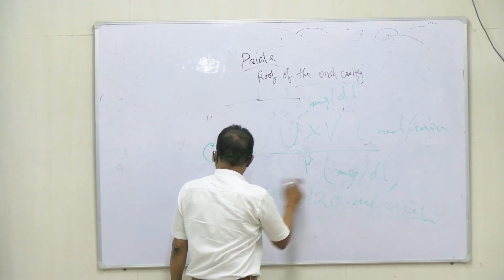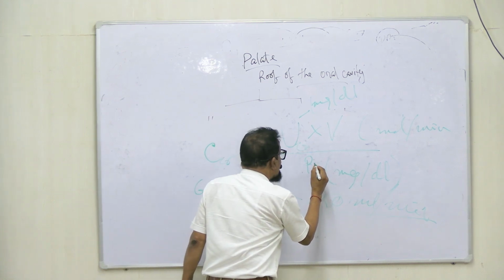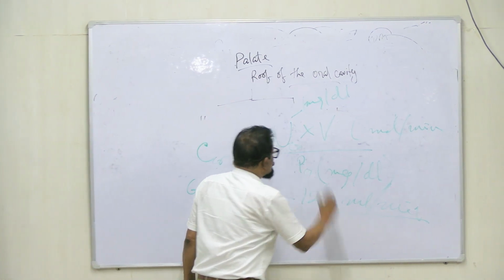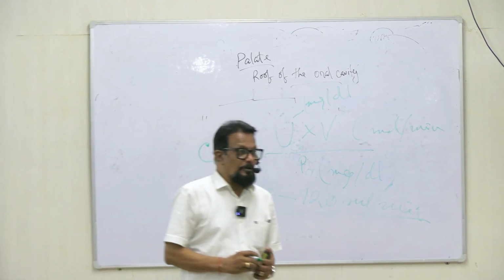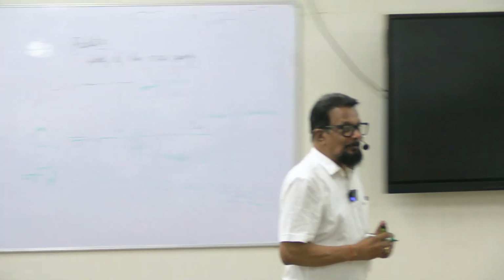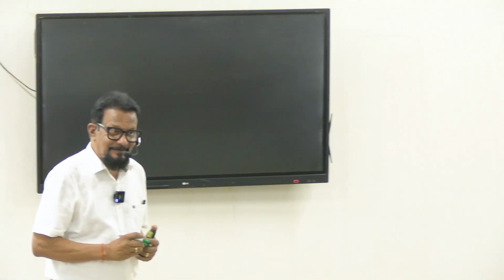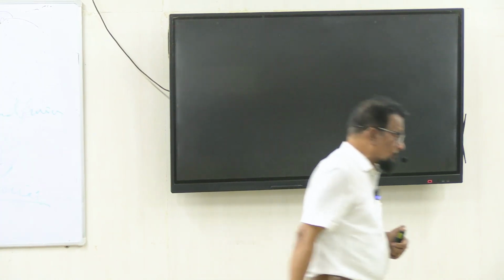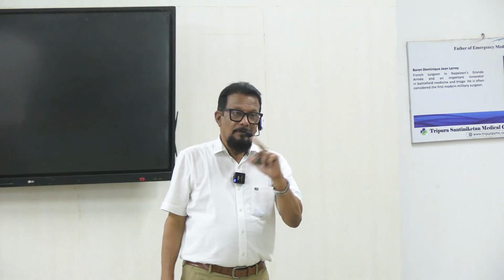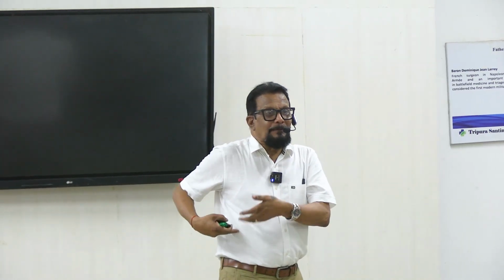And what is the concentration of creatinine in plasma? If you put these values in this equation, you get creatinine clearance. One problem is it cannot be considered a true GFR. Also, creatinine level can be changed. If you eat more flesh, more meat, your creatinine production will be more.